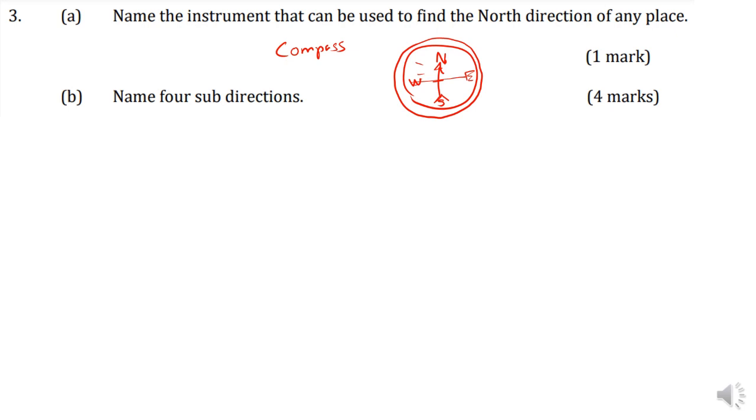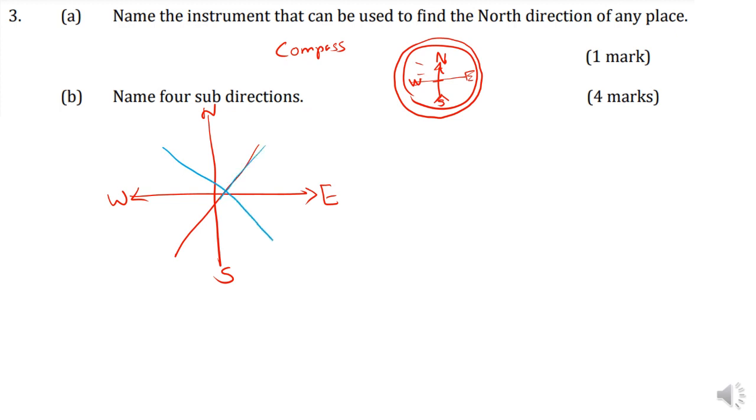Name the 4 sub-directions. The 4 cardinal directions are north, south, west, east. So the sub-directions should be something like this. Actually, you don't have to draw this. I'm drawing to explain. This is north, west. This is southeast. This is southwest. And this is northwest.